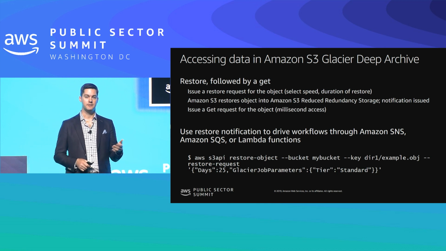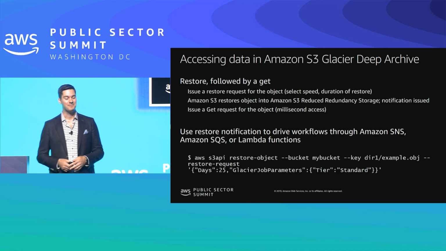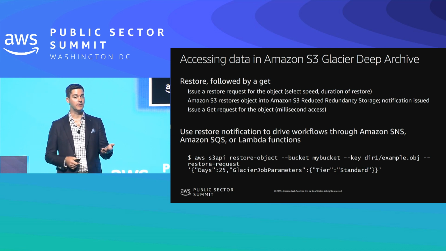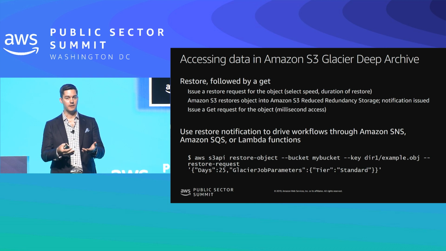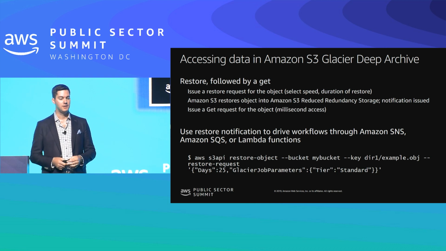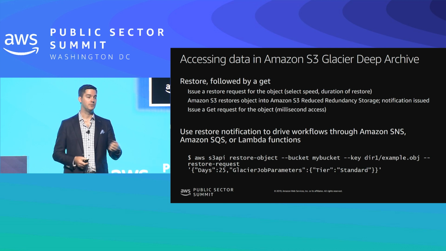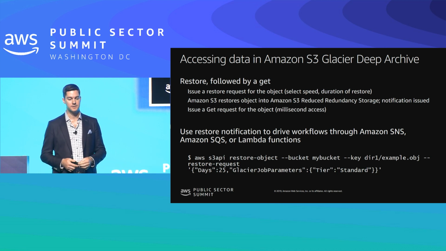That is by design. It's a feature, not a bug. You first will restore the object, and when the restore has completed, there's now a copy which has been staged in Amazon S3 Reduced Redundancy Storage, which you can get and you can interact with just like an object that's in a frequent or infrequent access storage class.